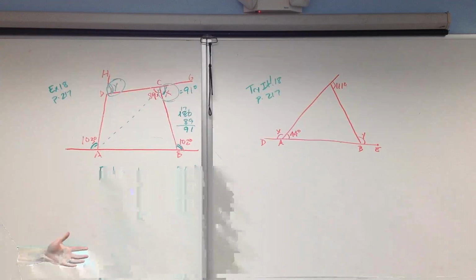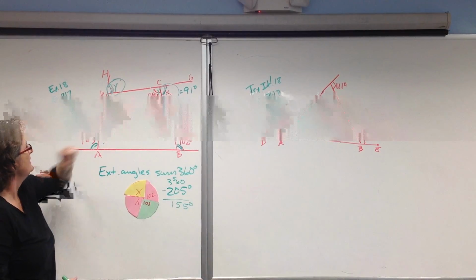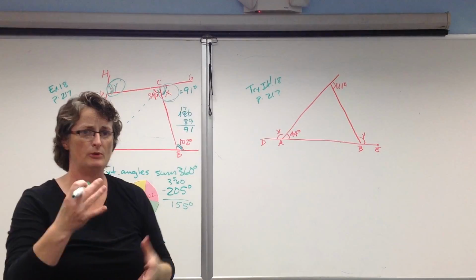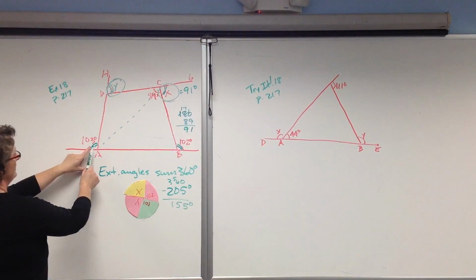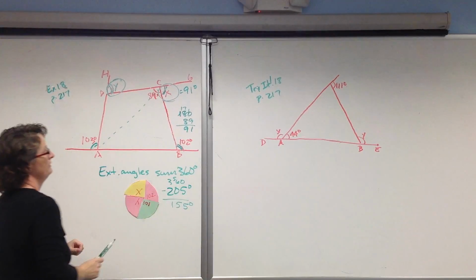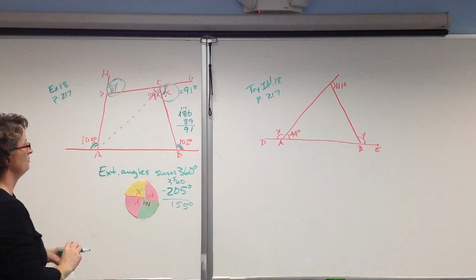And then finally, okay, we need to figure out y. Now we don't have an internal angle here to help us with the supplementary. So we've got to rely on the fact that this one plus this one plus this one, and then the balance of 360 equals this one.